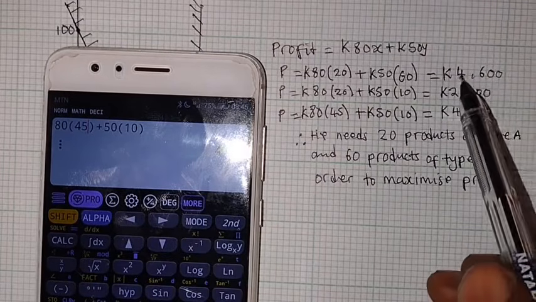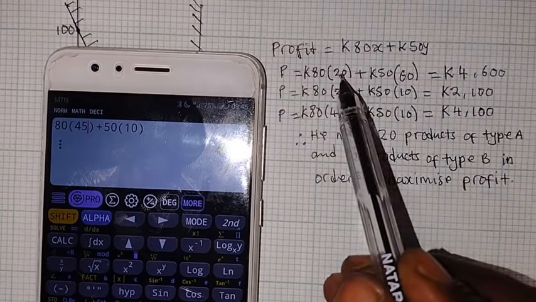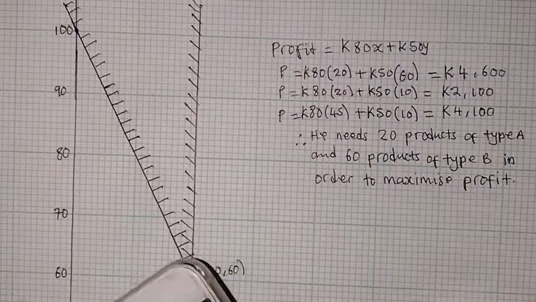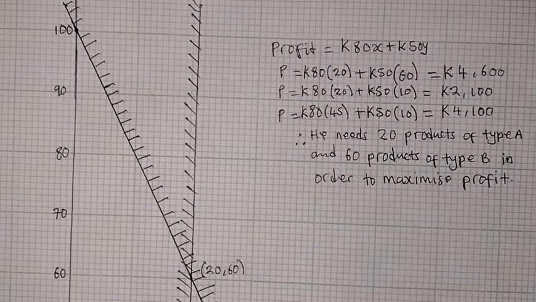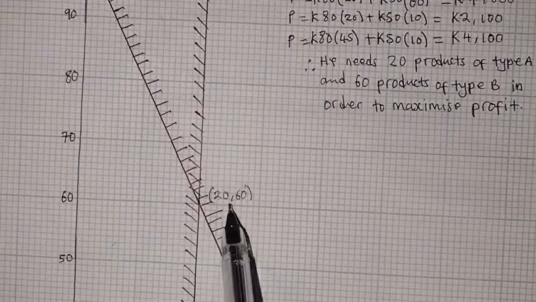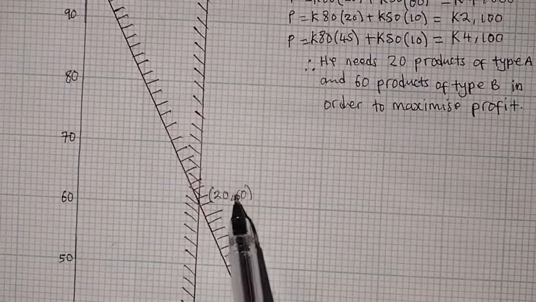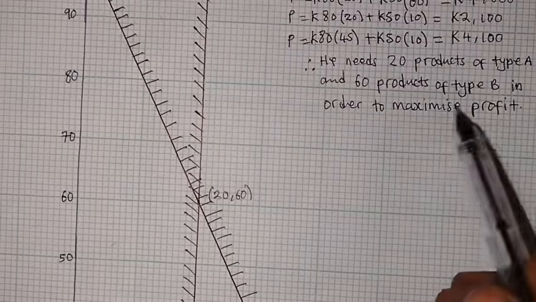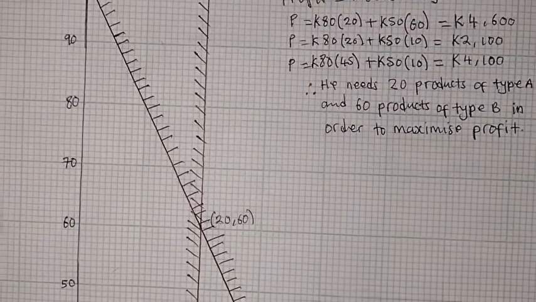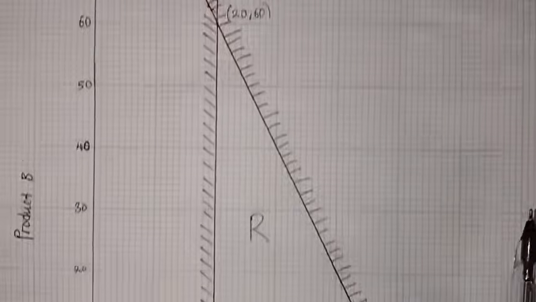Which coordinates gave us 4,600? We used this 20 and the 60, from those coordinates that we came up with, the ones that we are putting in this equation. So these are the products, 20, 60. These are the coordinates that gave us the maximum profit, which was 4,600. So we have answered this question.